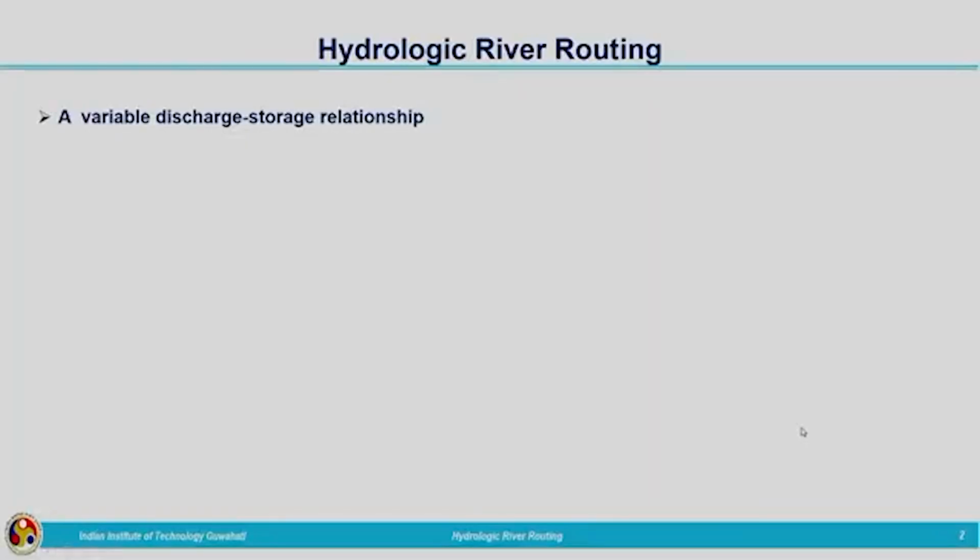Let us see how this variable function is utilized along with the continuity equation for carrying out the routing in channels or rivers. So, today's topic of discussion is hydrologic river routing. In this case, we will be making use of a variable discharge storage relationship, that is the variable storage function.